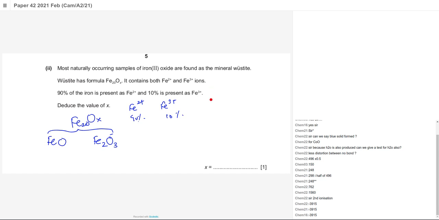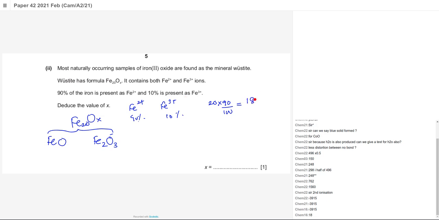We need to find how much is 90% out of 20. Let's see, out of 20, 90% is 2+. Let's see how much is 2+, 18. That's right. So Fe2+ is 18 out of 20. It means obviously the balance will be 2, right?